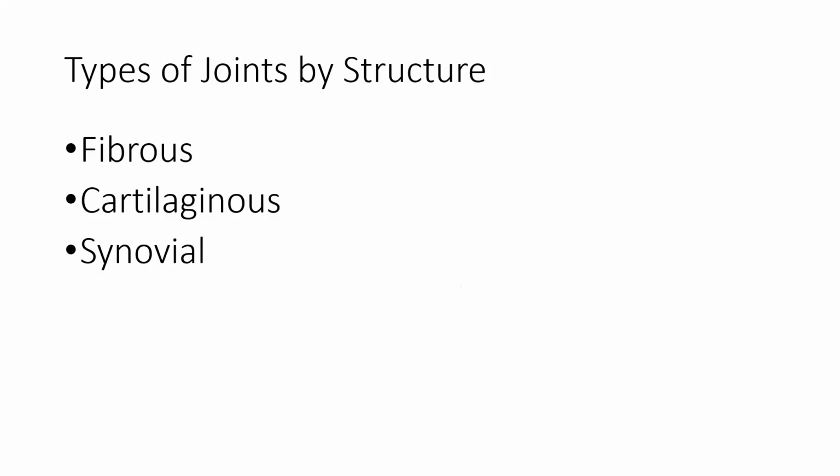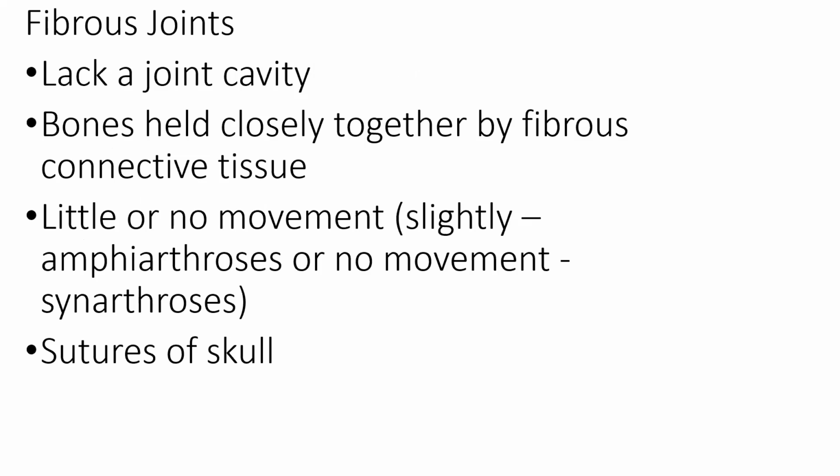Now, if we look at them by structure, they can either be a fibrous joint, a cartilaginous joint, or a synovial joint. If it's a fibrous joint, it doesn't have a cavity. Well, most joints in our bodies don't have any kind of cavity. The only joints that have any kind of cavity are the freely movable, the diarthrotic, the synovial joints.